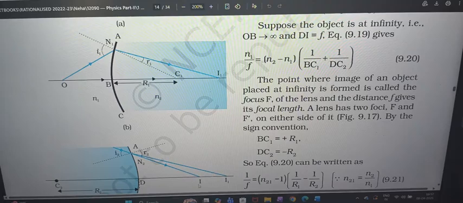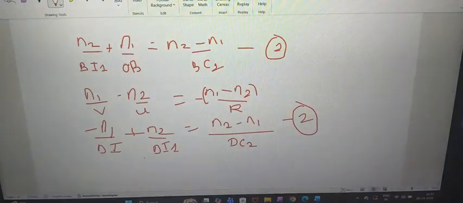Here it just becomes object distance, but bi1 and di1 both are same. So if I am able to cancel them, it will be easier for me. So if I have to cancel them, one should become negative, isn't it? So I'll simply multiply the negative sign over here. Negative into negative will become positive, negative into positive will become negative. So I can easily cancel this now.